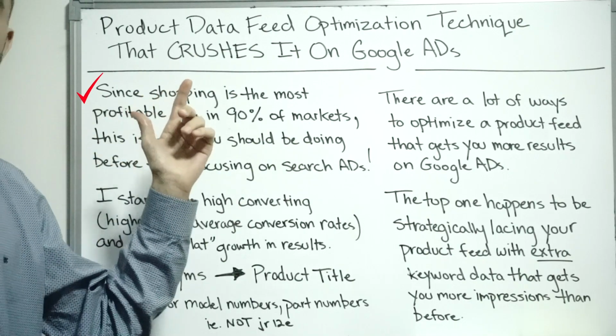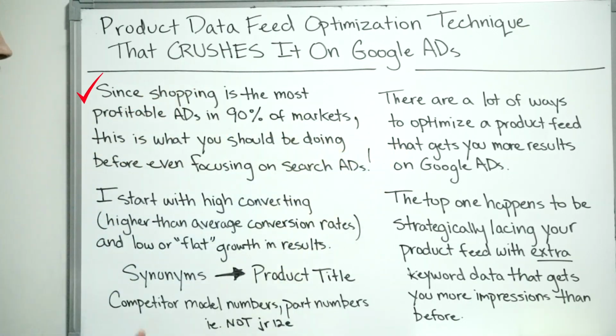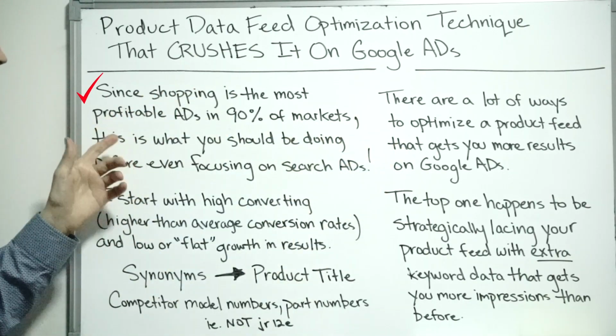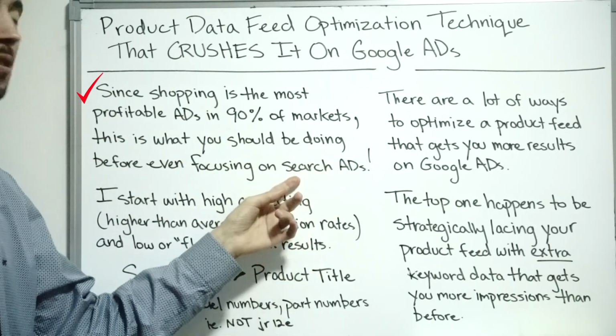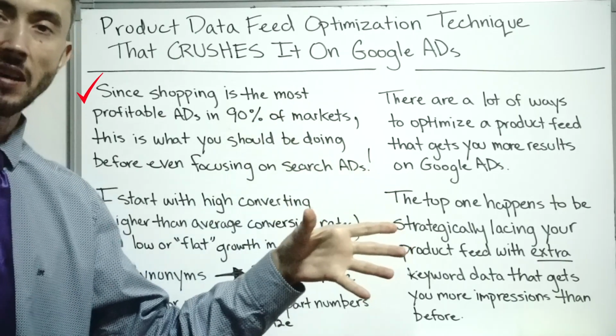And because it's so profitable for most of you, you should be focusing on getting more out of the shopping campaign than you would even before touching the search ads.